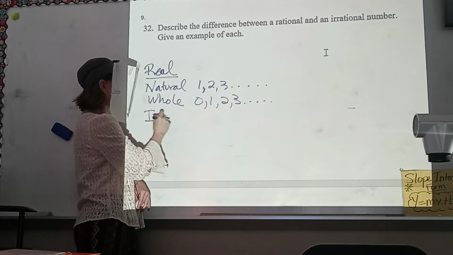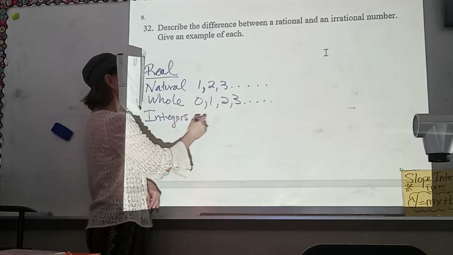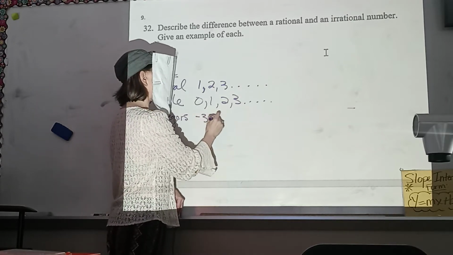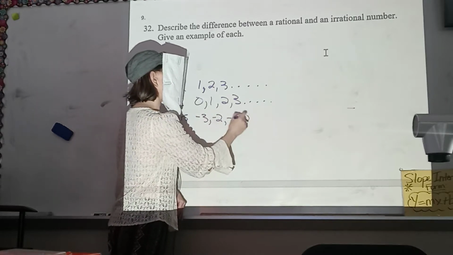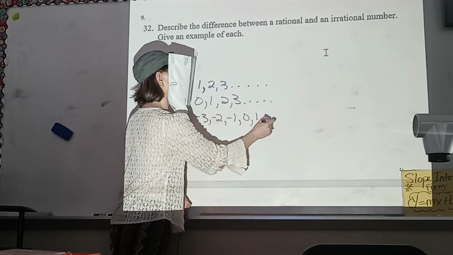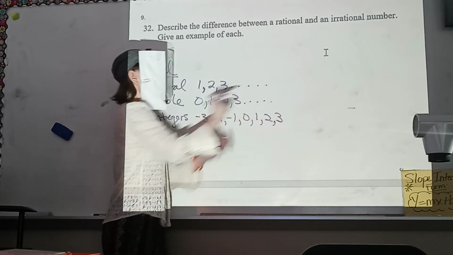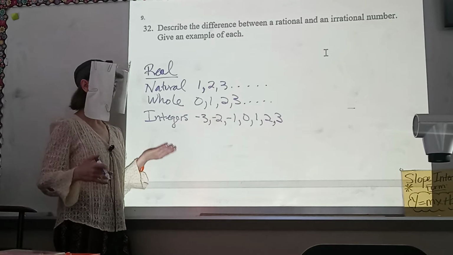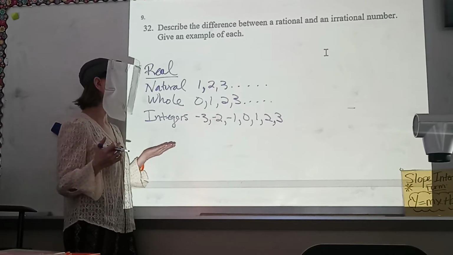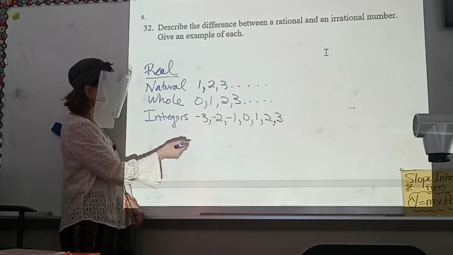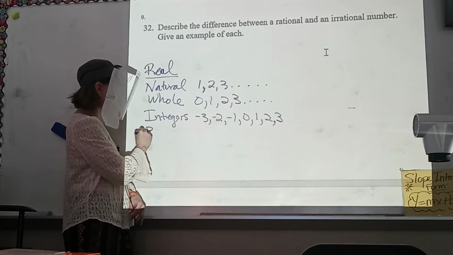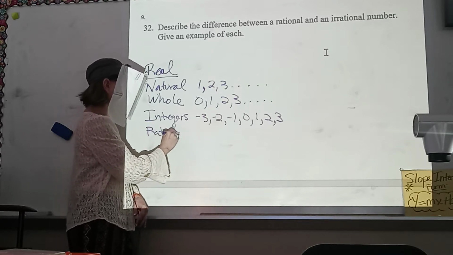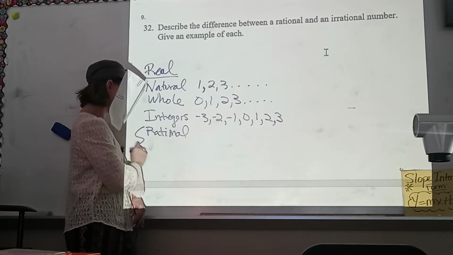And then our next category is integers, where you have the negative side of the number line represented. Okay, the positive and negative sides of the number line represented. Okay, and then we go into rational numbers and irrational.